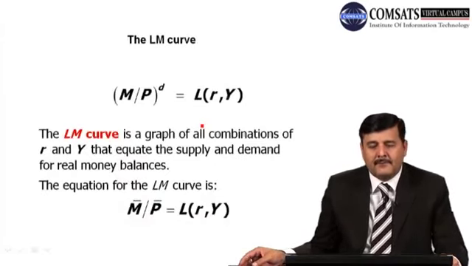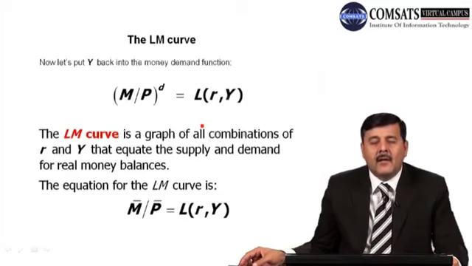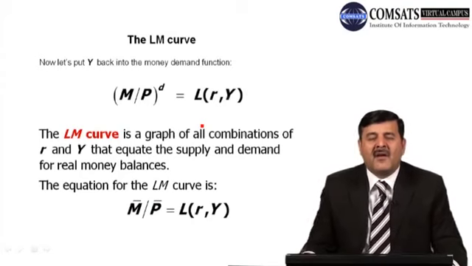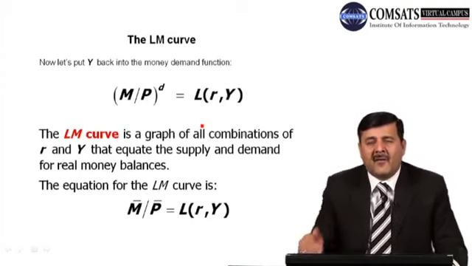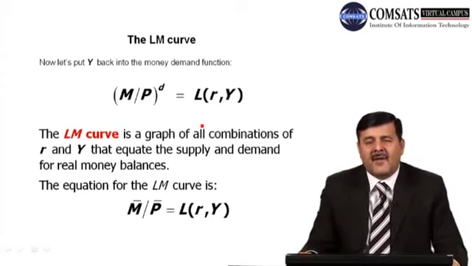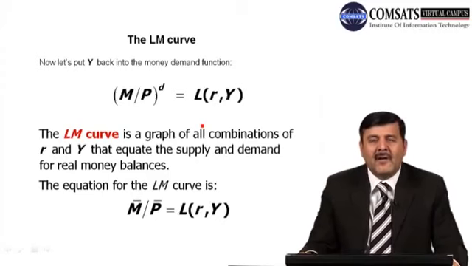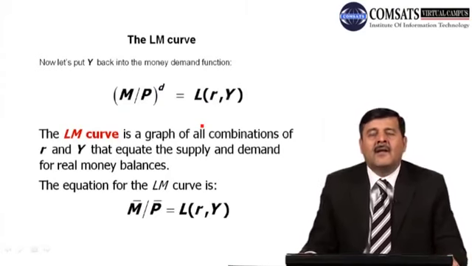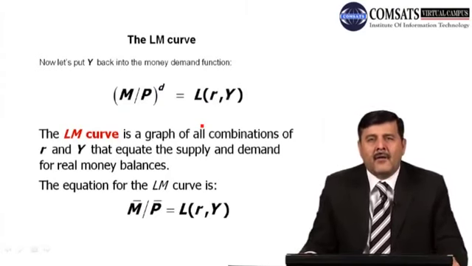Now, the LM curve. Let us put Y back into the money demand function. Previously, when we drew the graph of money demand, money demand was depending on the interest rate only. But as we know, as we discussed in an earlier chapter, money and inflation, demand for money does not depend only on the rate of interest, it also depends on the level of income, right?